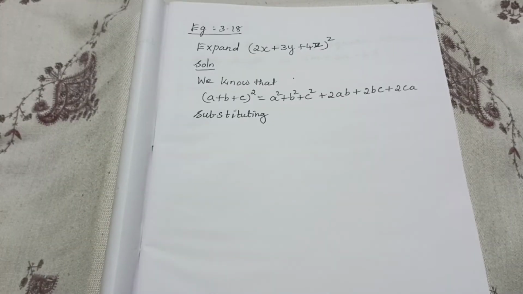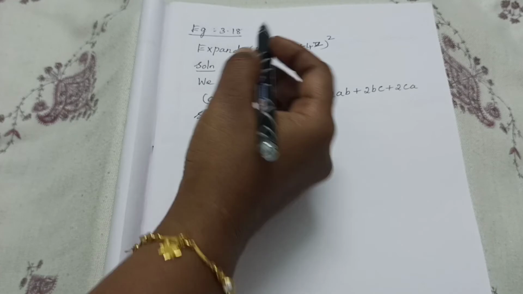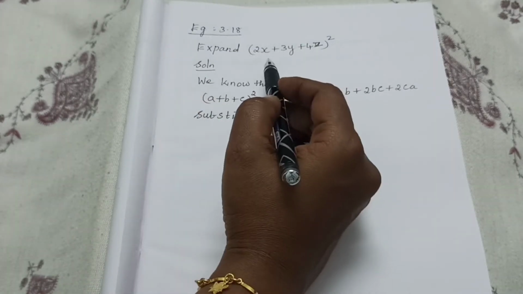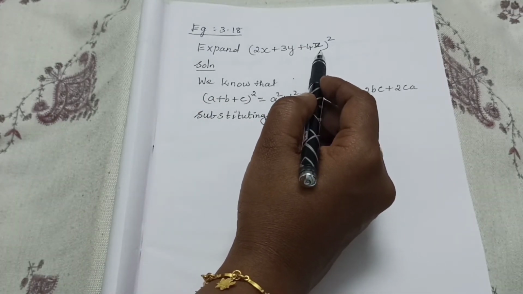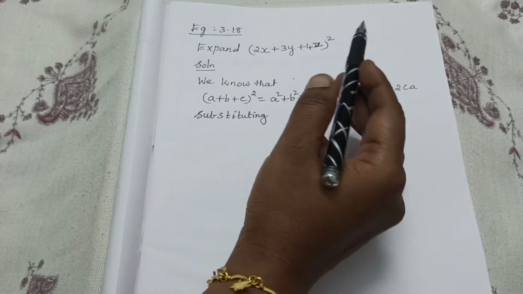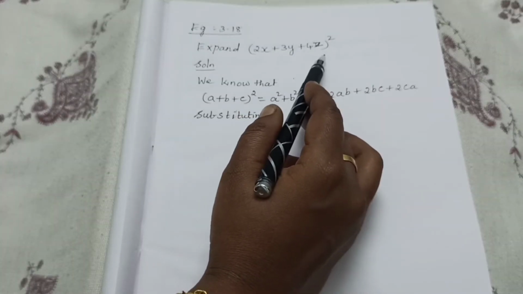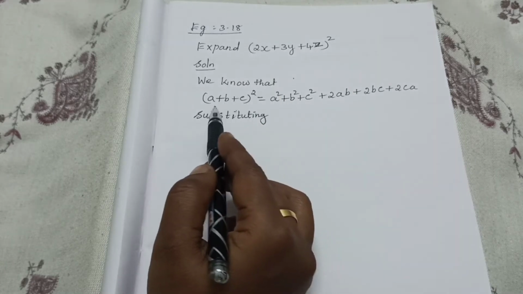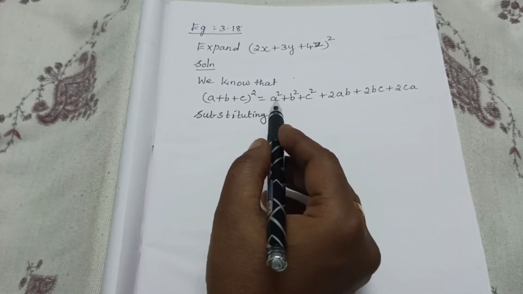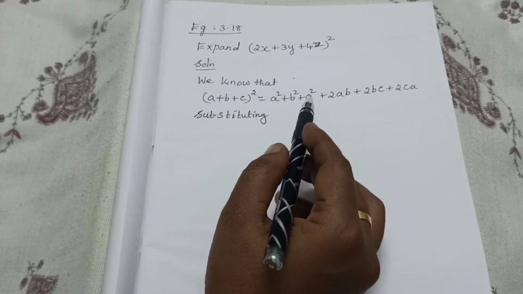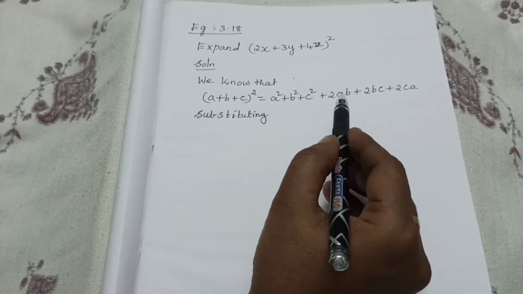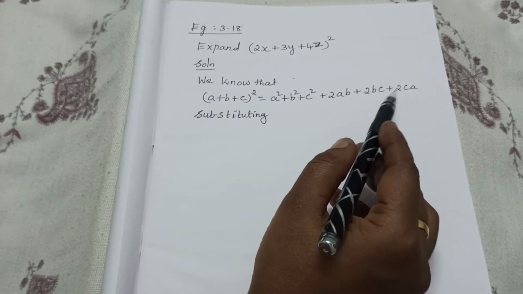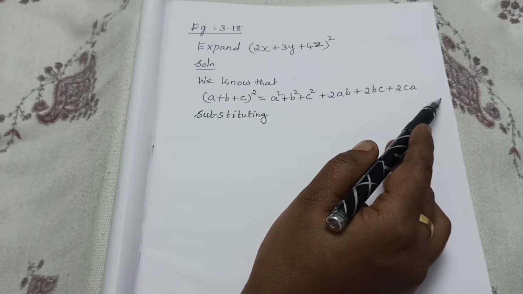Have we got it? Next, example 3.18. Expand 2x plus 3y plus 4z the whole square. Okay, how many terms? 3 terms, isn't it? 3 terms means the identity a plus b plus c the whole square is equal to a square plus b square plus c square plus 2ab plus 2bc plus 2ca.